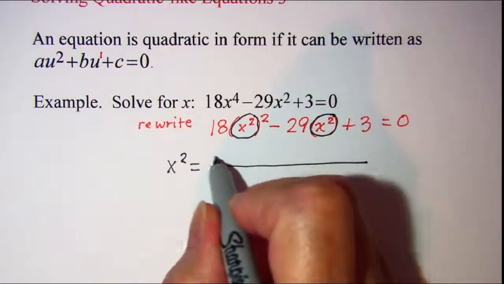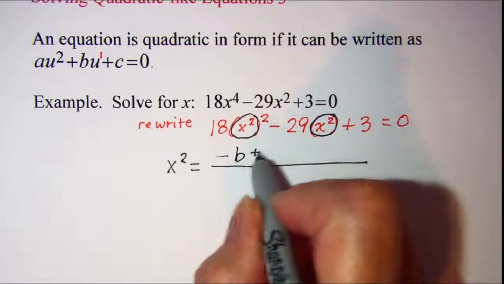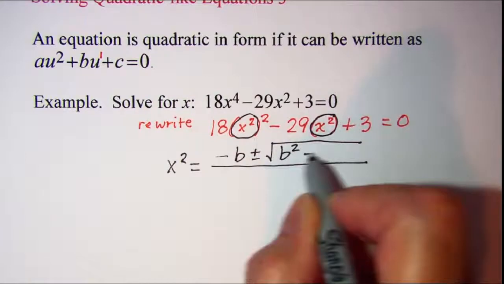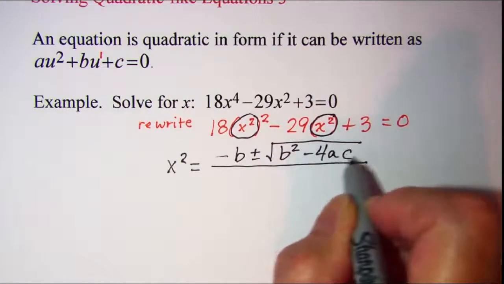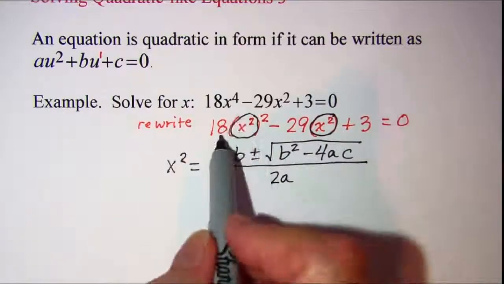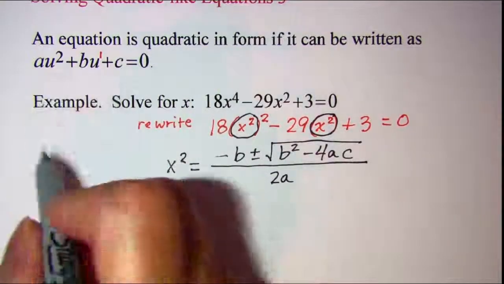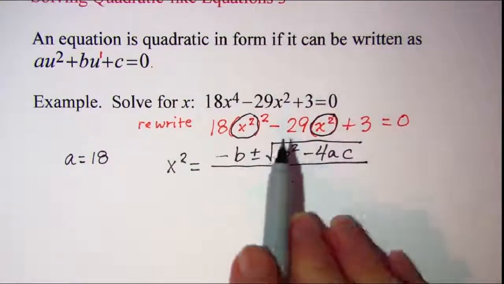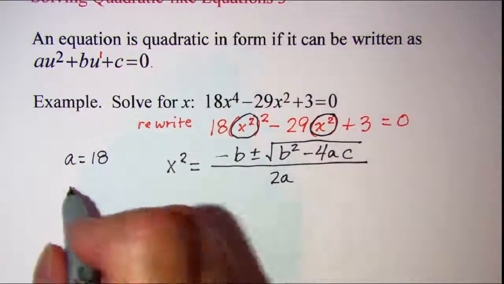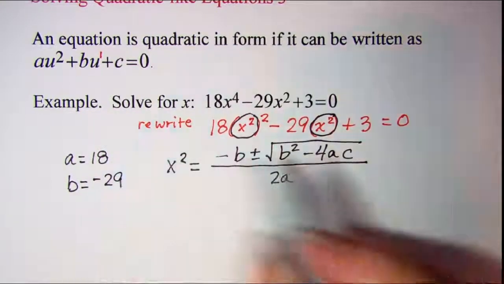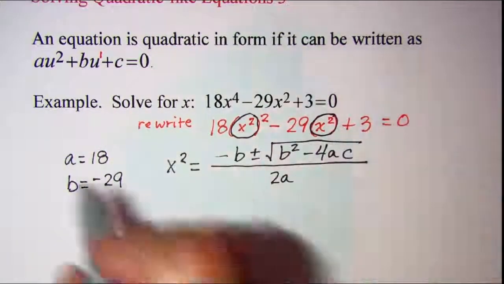So our formula is negative b plus or minus the square root of b squared minus 4ac all over 2a. We can see that a is 18, b is negative 29, and c is 3.